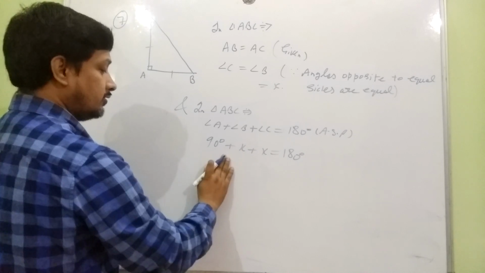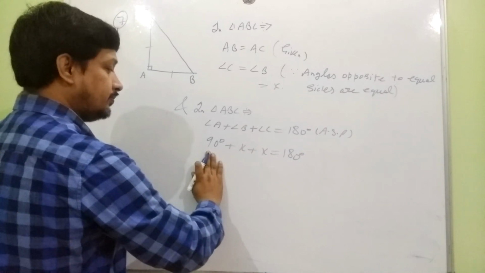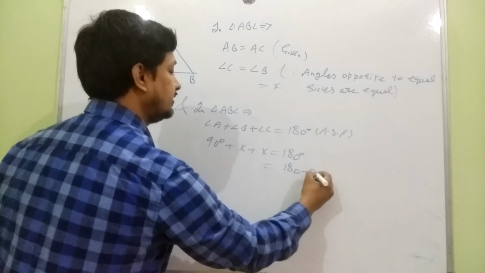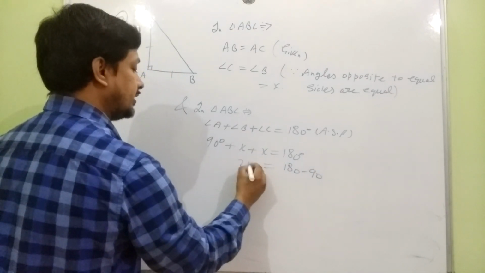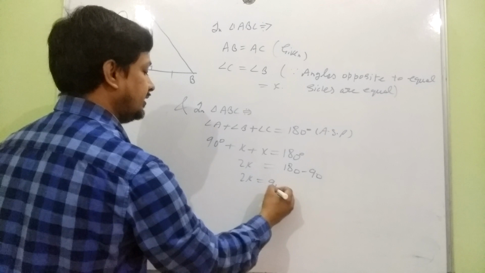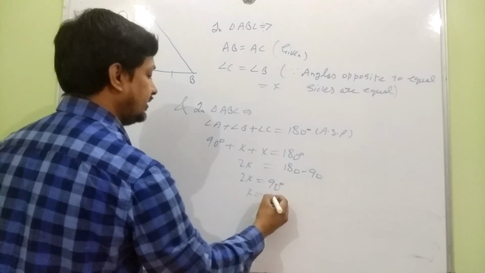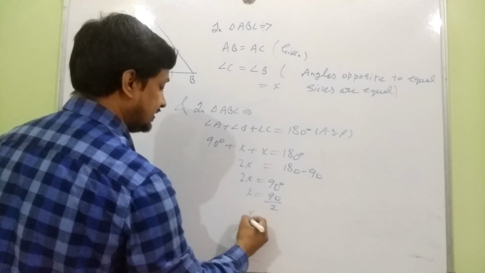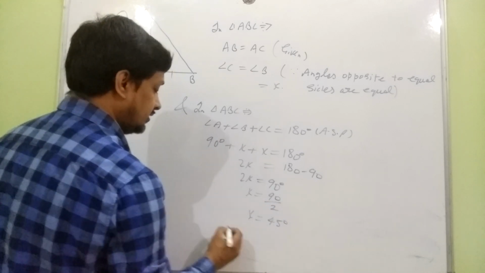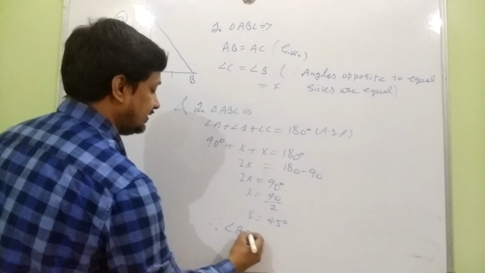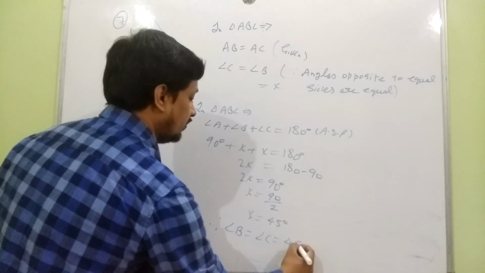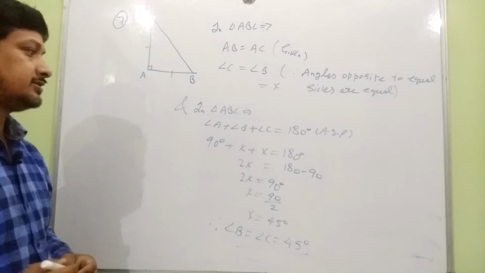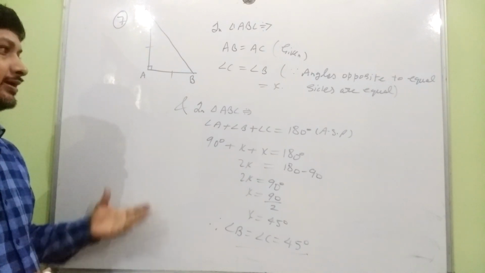So now solve. 90 is in plus here, so it will go on the right side to give a negative sign, and x plus x is 2x. So 2x will be 90 degrees. So x will be 90 divided by 2. That is x equal to 45 degree. So you can say angle B and angle C both are 45 degree. So this is your answer. Okay, so you can note down this.